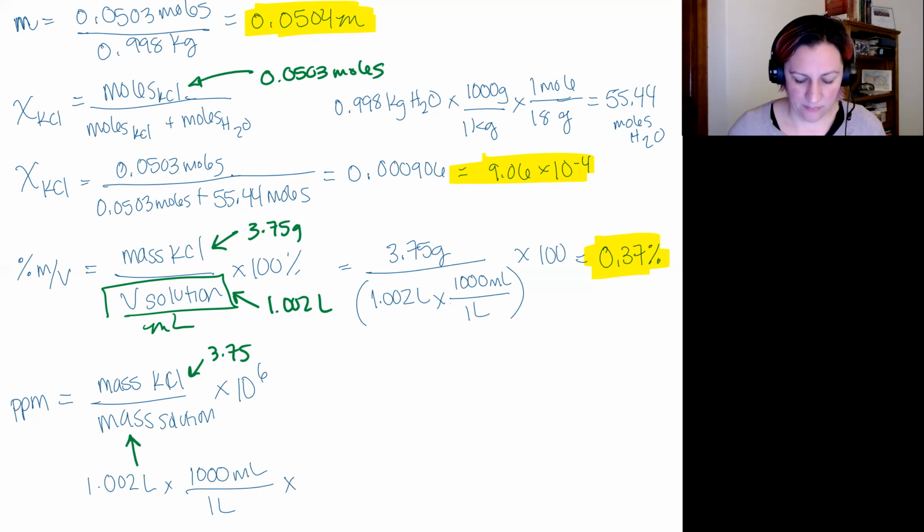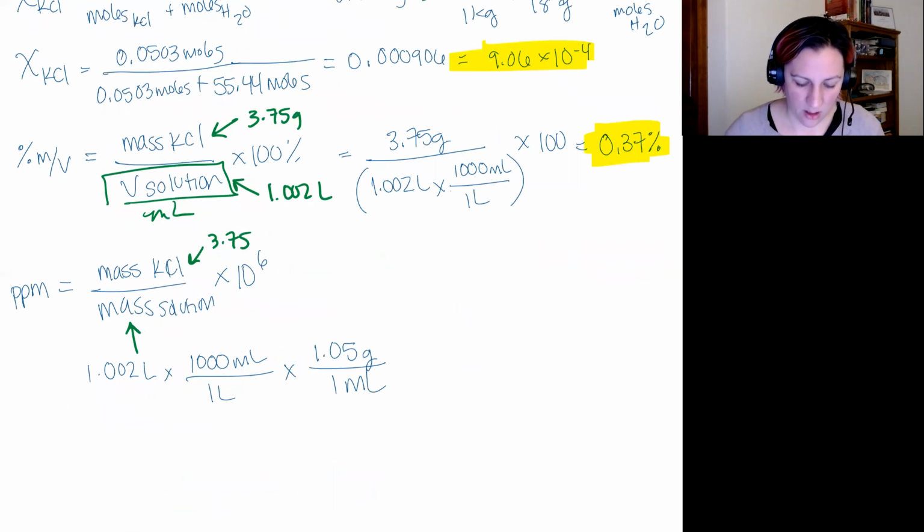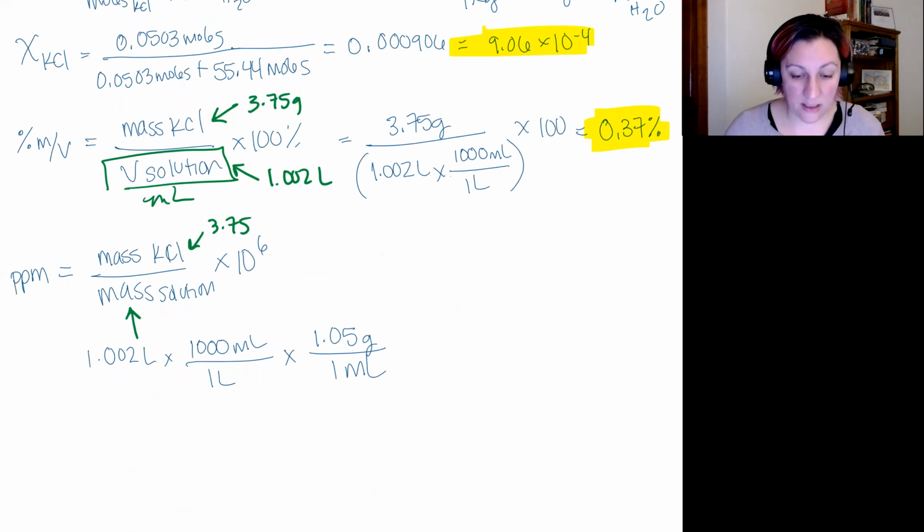And then multiplying this by 1.05 grams divided by 1 milliliter for the density of the solution rather than the density of the water. Let me double check that. Yep, 1.05. And that'll give me grams, which will be perfect. So that equals 1,052.1 grams.